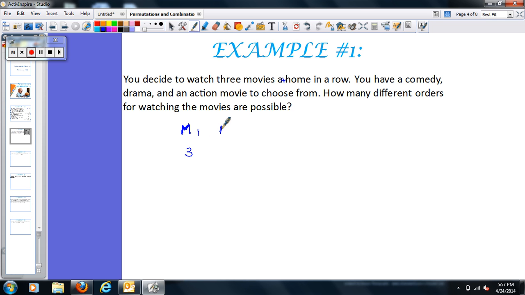For movie 2, if I watch one of them for movie 1, that means I only have 2 choices left. And then for the final movie, if I watched one the first movie and one the second movie, that means I only have 1 choice here. So I'm going to multiply all 3 of these choices together, and I'm going to get that there are 6 possible ways in which I could watch those 3 movies.